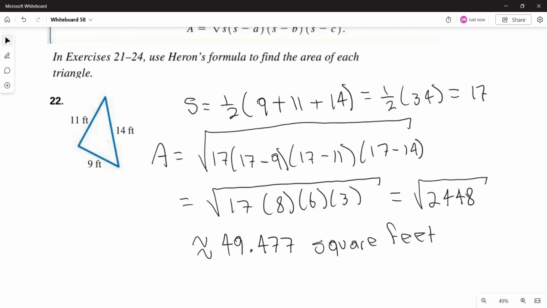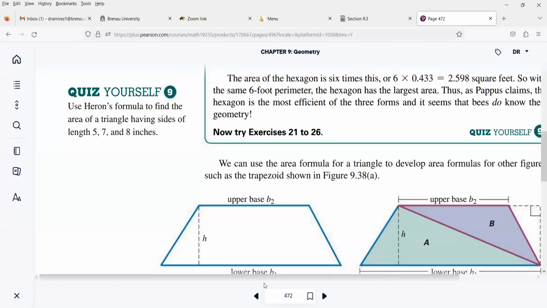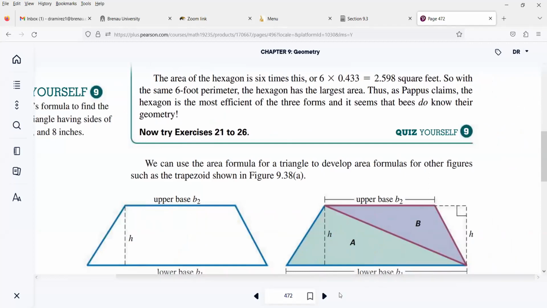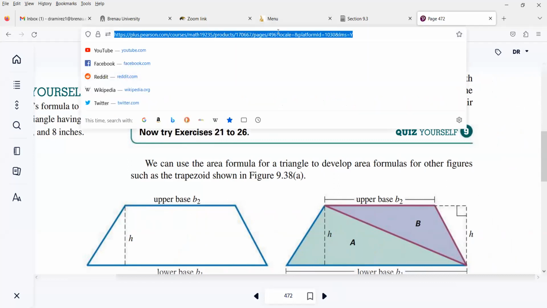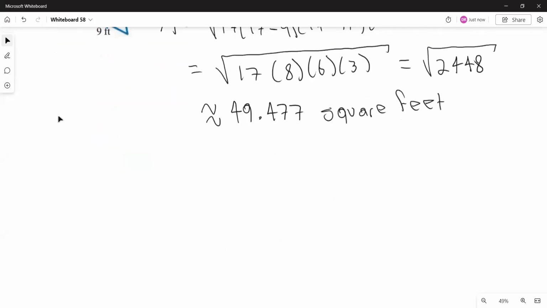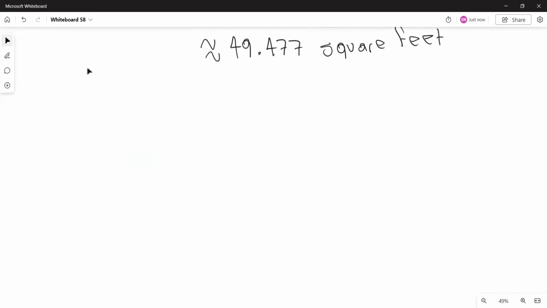Okay, so we can use everything we learned to derive the formula for the area of a trapezoid. We can use the formula for a triangle to develop area formulas for other figures, such as the trapezoid shown in the figure below. So that's the next formula, the area of a trapezoid.